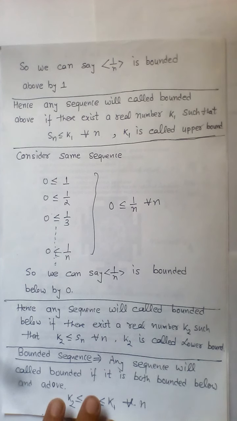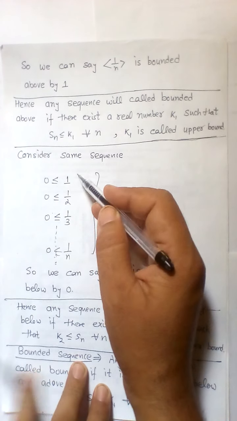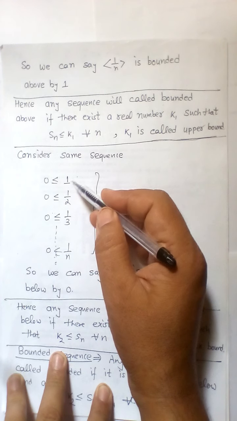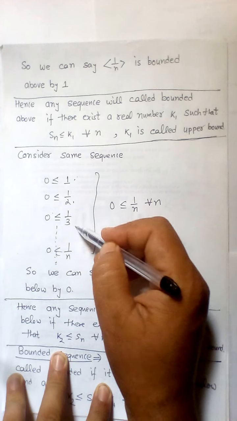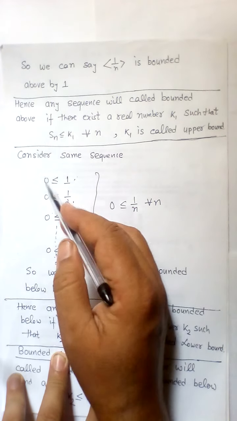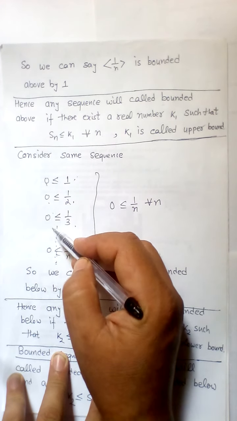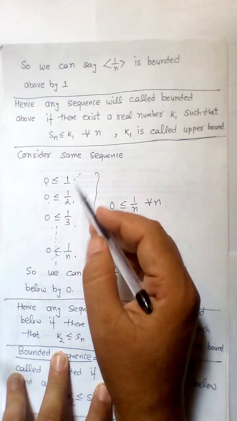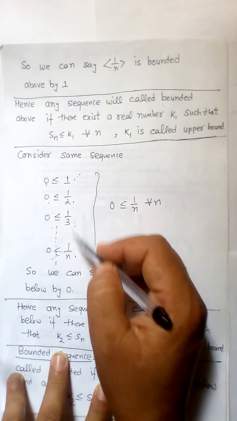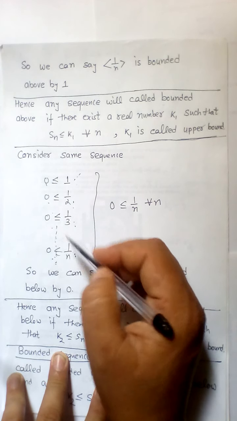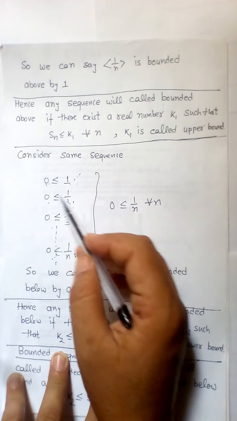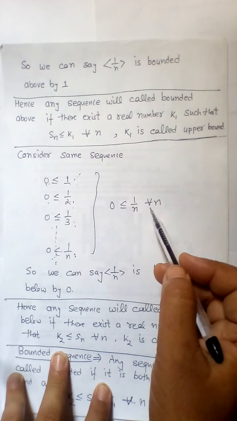Consider now the reverse case. See, every member of the sequence is greater than this number 0. Take any member of the sequence, it is greater than 0 whatever the value of n is.